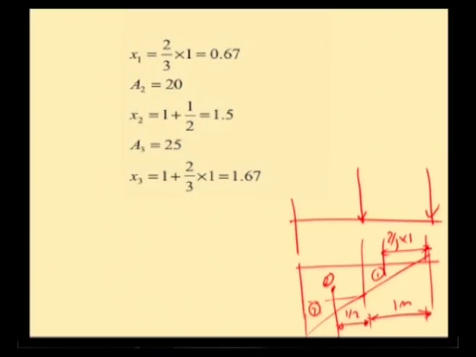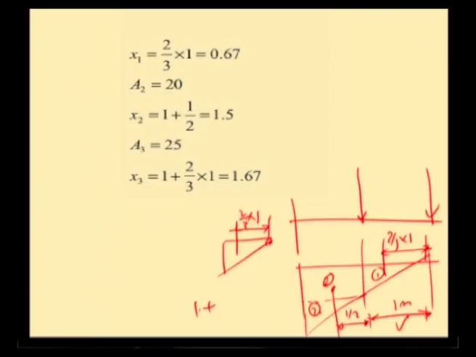A3 is again the area of a triangle, half into B into H, and for x3, the CG distance, we already have 1 meter up to this, then the triangle. From this end the CG will lie at a distance of 2/3 of the length. So 1 plus 2/3 into 1, that is 1.67 meters.